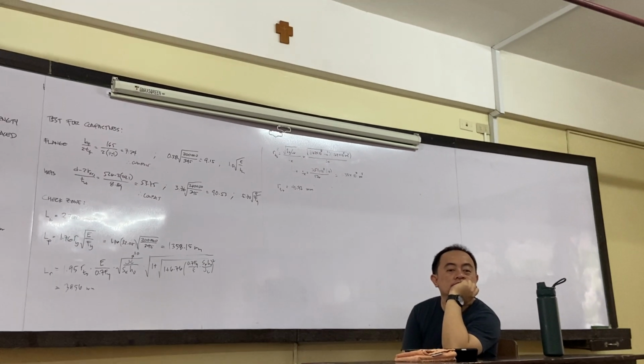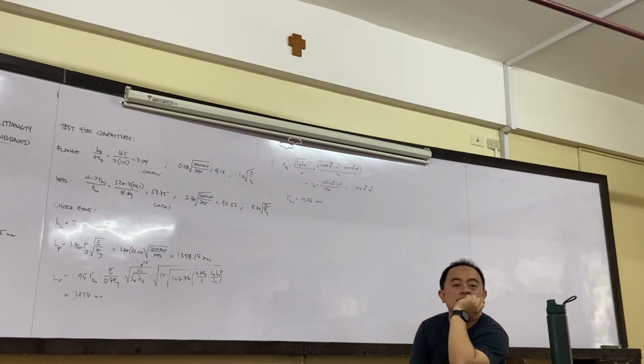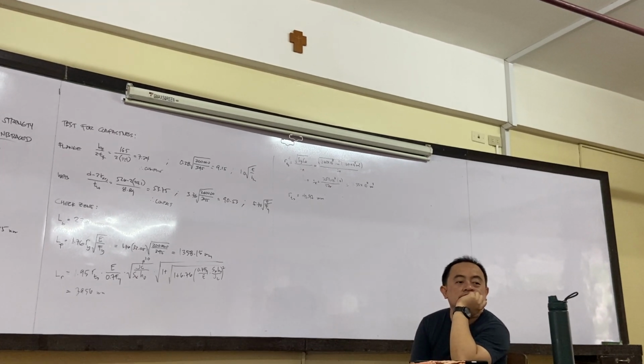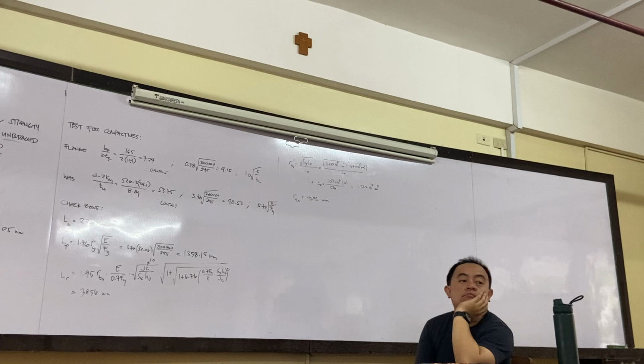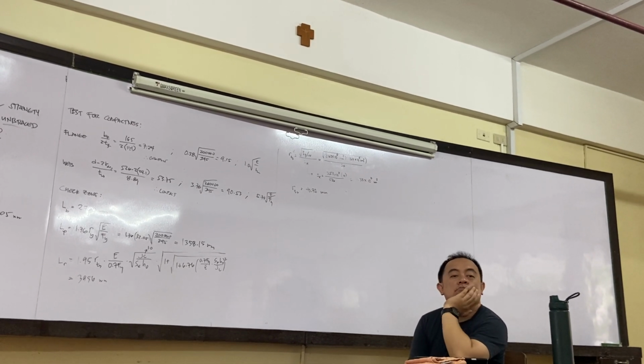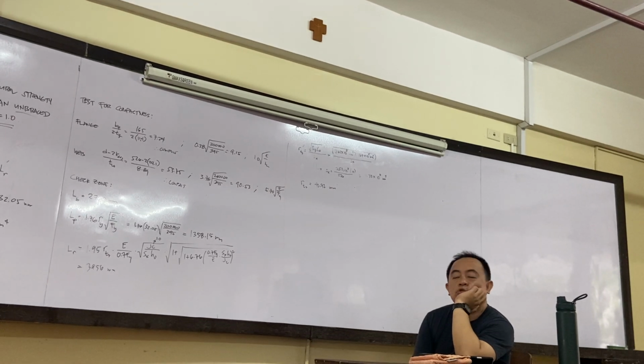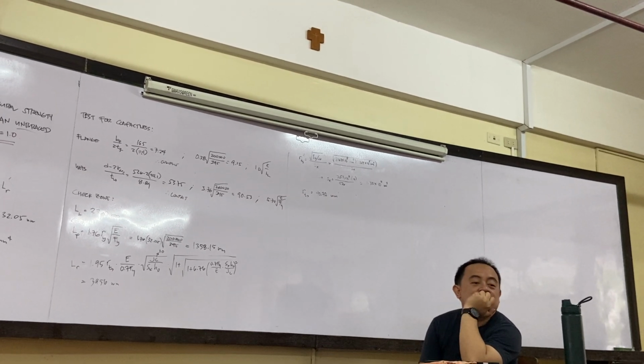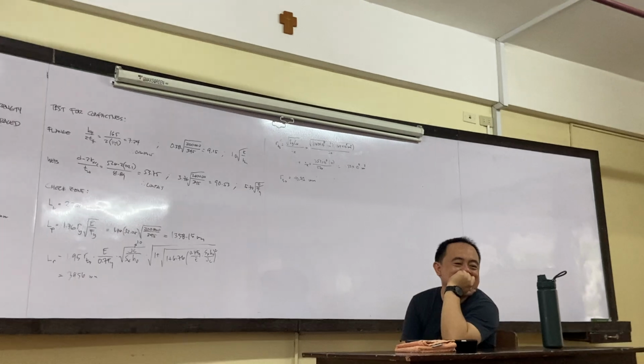Ay, times ra. Division, kasi hindi mag-break. Times square root 400 over 0.7. 2 minutes left.